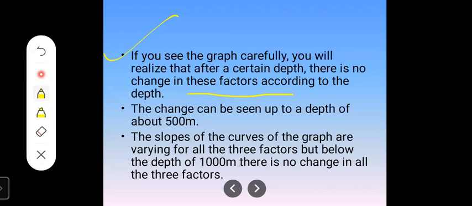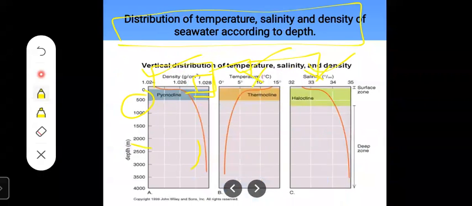No change. The change can be seen up to a depth of only about 500 meter. So the changes will be there only in the 500 meter depth. Once you have crossed 500 meter depth, students, there will be no change.